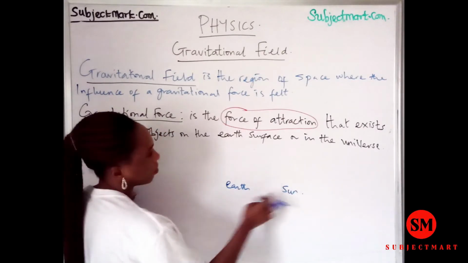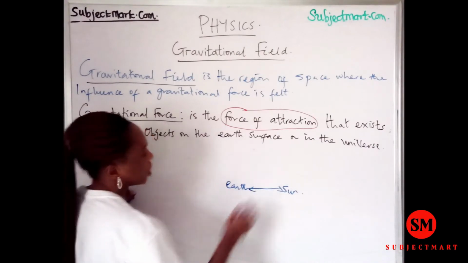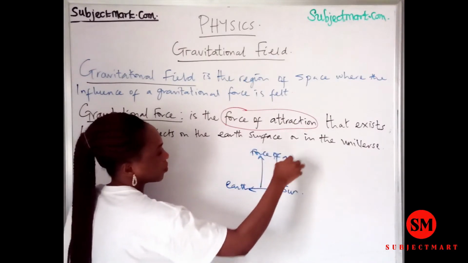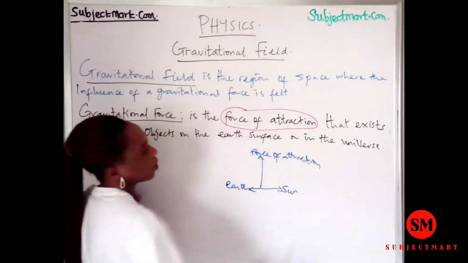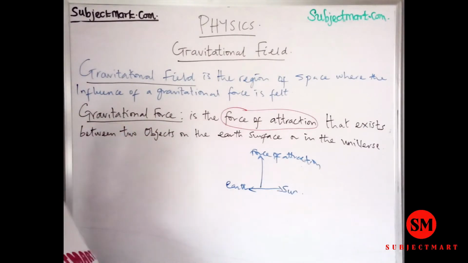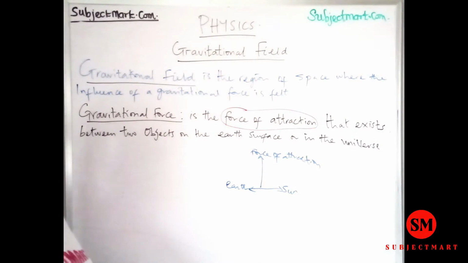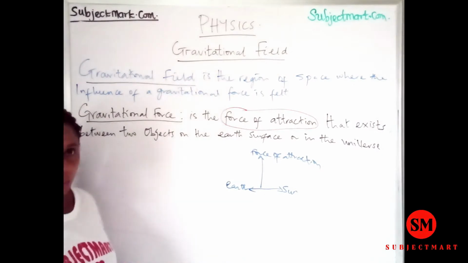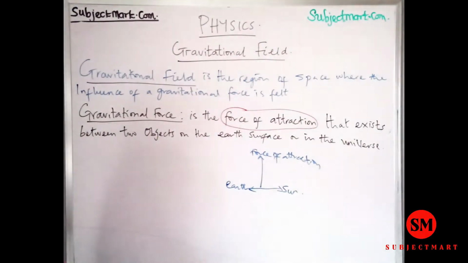There is a force of attraction between them, and that force is what we call the gravitational force. This particular force is what makes it possible for planets to remain in their orbit.